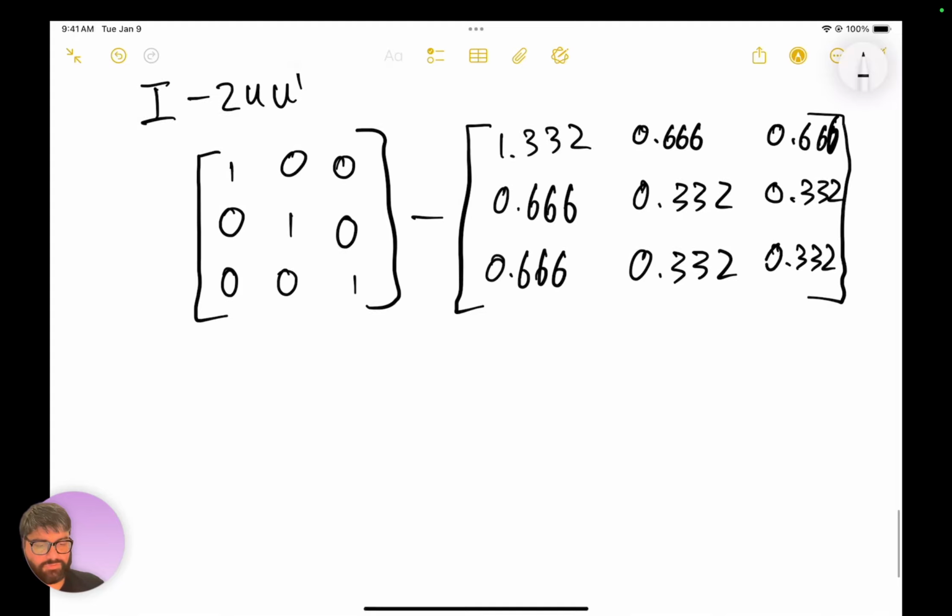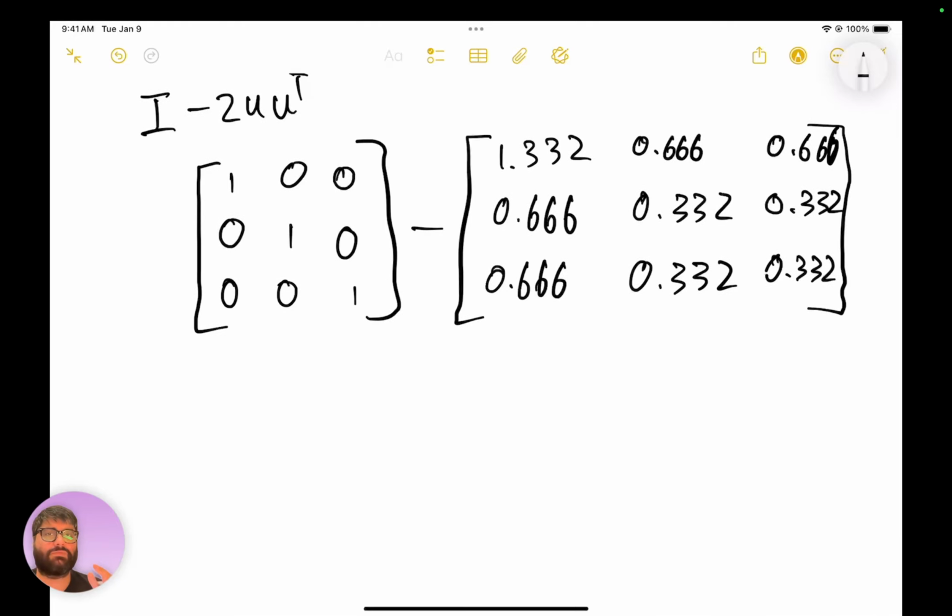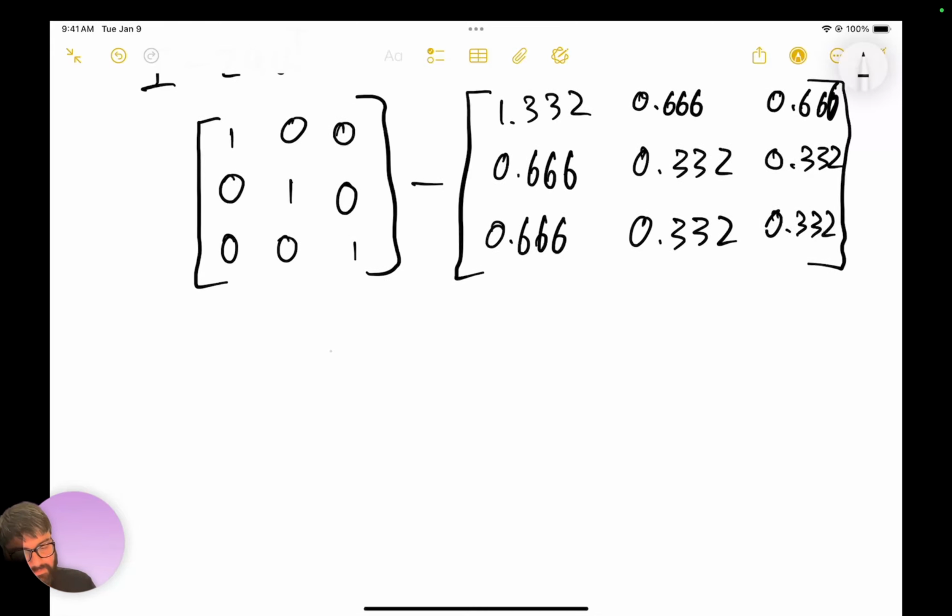Honestly, the easiest way to remember this is: off diagonals flip sign, and the diagonals are subtracted from one, which is essentially what that is. So I'm just going to draw out that completionist thing.